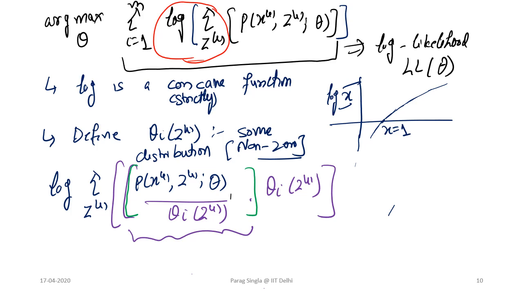So this is of the form of f of expected value of x with respect to the distribution qi zi. This is your distribution of interest, and log being a concave function, now we can apply Jensen's inequality.